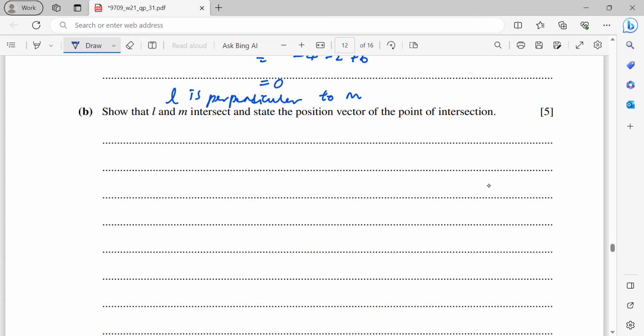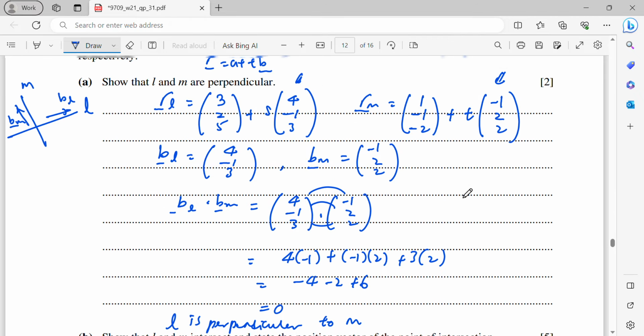Now, show that L and M intersect and state the position vector of the intersection point. When L and M are intersecting, it means that the vector equations will be the same, right? So rL equals rM. Now I will rewrite this and open the brackets.